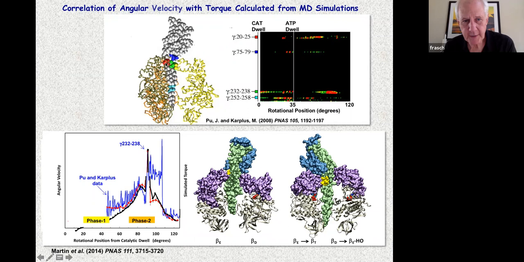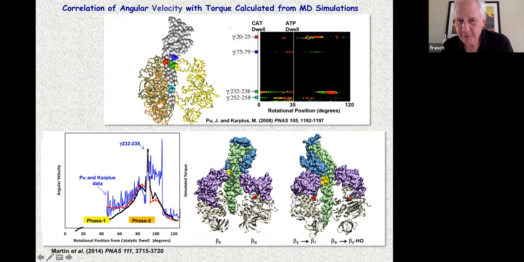And so here, this red spot corresponds to this line of data across here, the blue, and so forth down here. And then this is rotational position as it's going around. Here's the end of the catalytic dwell, the ATP binding dwell. And so when you have red, that's where it's generating the most torque over that period of rotational positions.